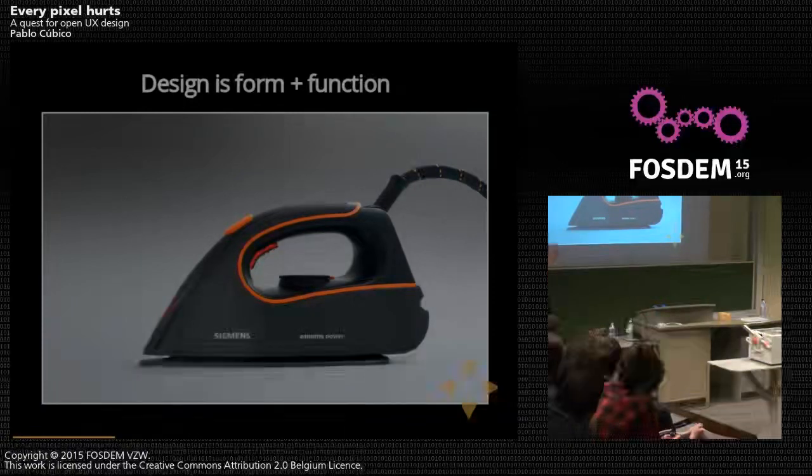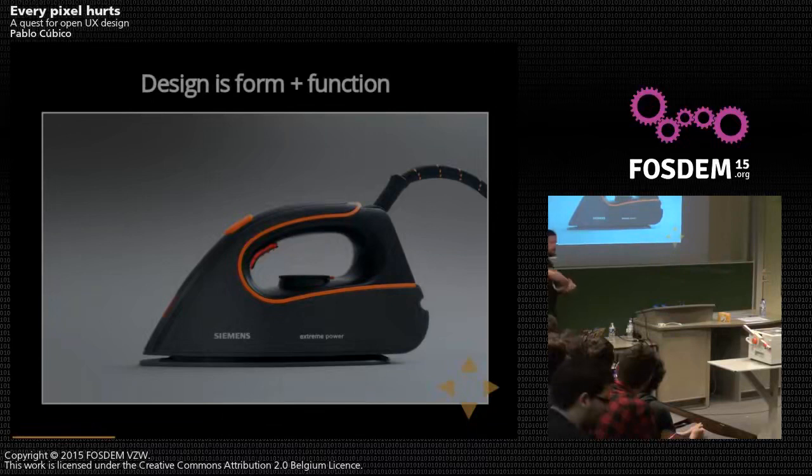This iron can be of many colors. The designer chose orange for that. So the style varies, but not the basic shape of the thing you have to build. You need a handle to iron and a flat, hot surface to make your clothes look like in 1920.